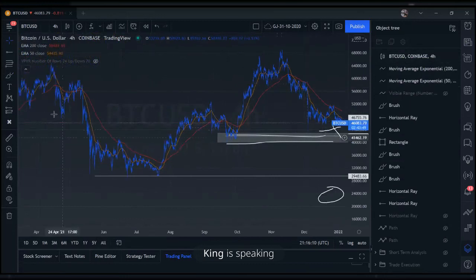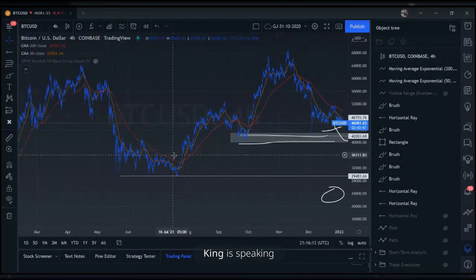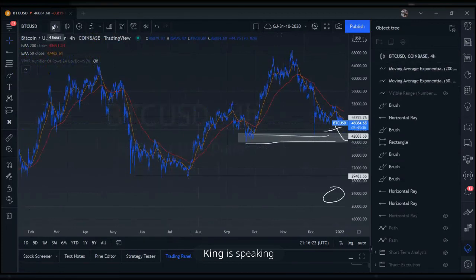So on the 4-hour, the 200 EMA breaking is a sign of, I would say, a higher probability than the 1-hour that you get a nice swing, either to the upside or the downside, from the break of the 200 EMA.